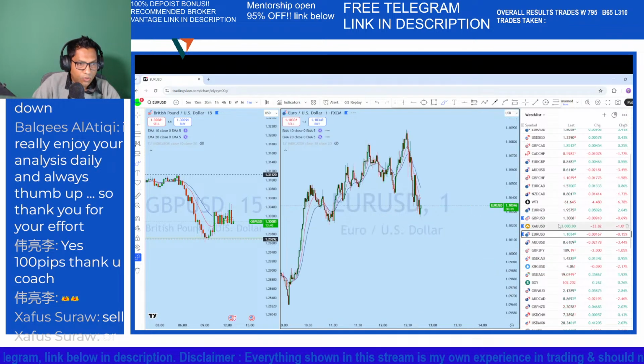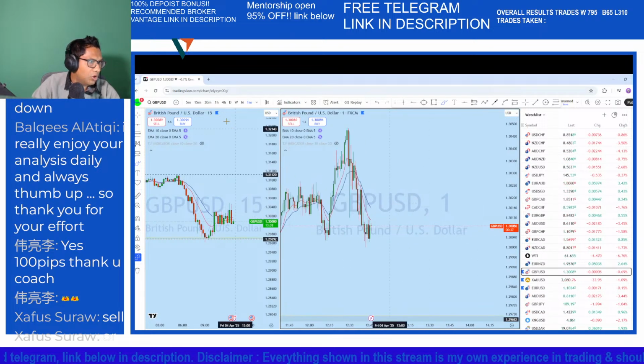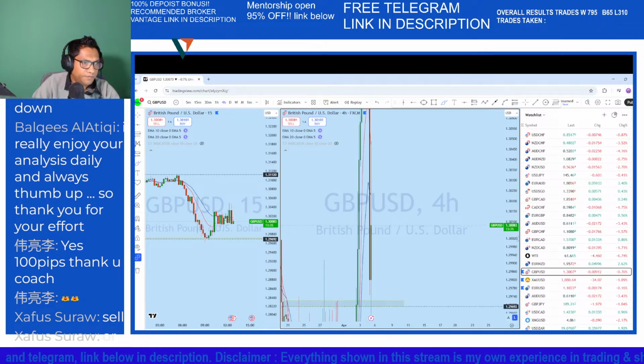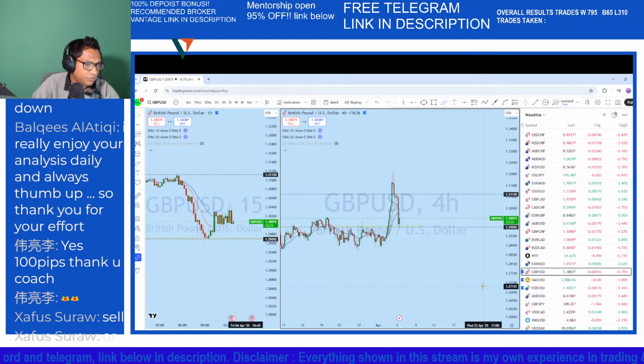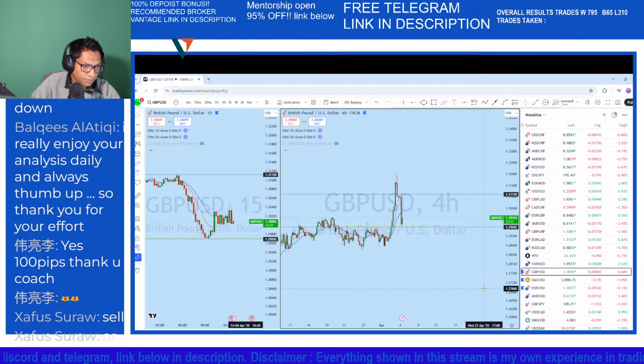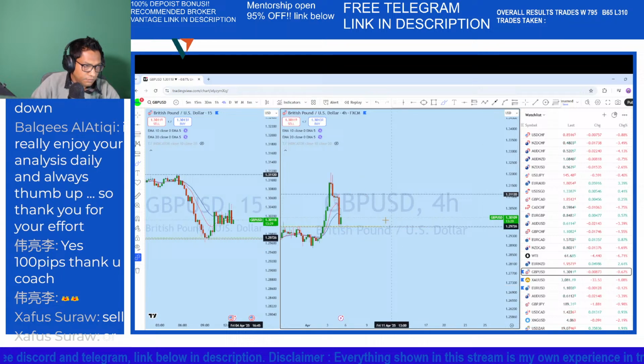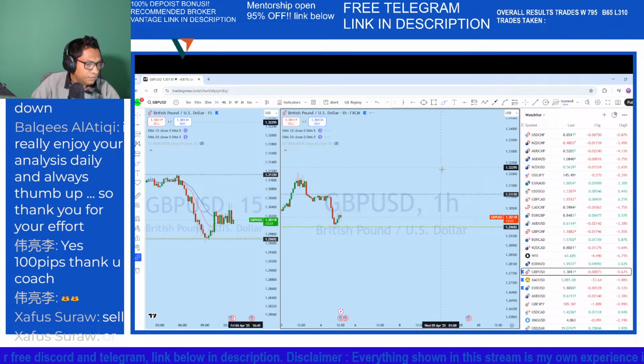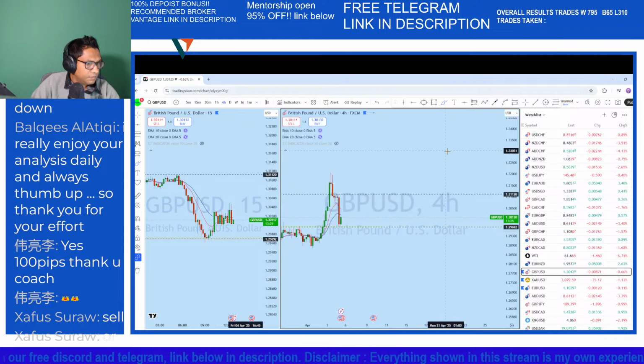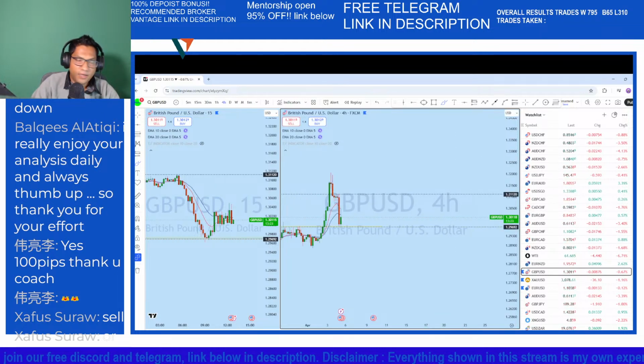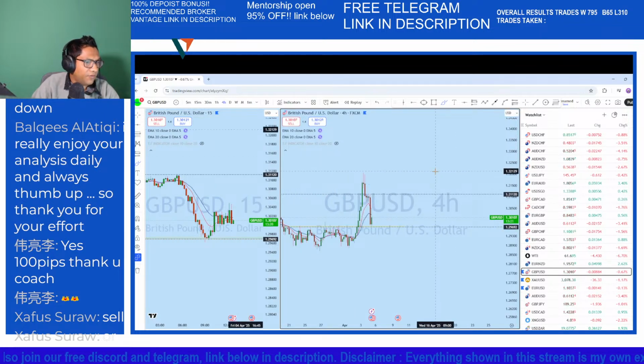So let's see what's happening with the euro dollar and British pound US dollar. With the British pound US dollar, this is the 4-hour chart.